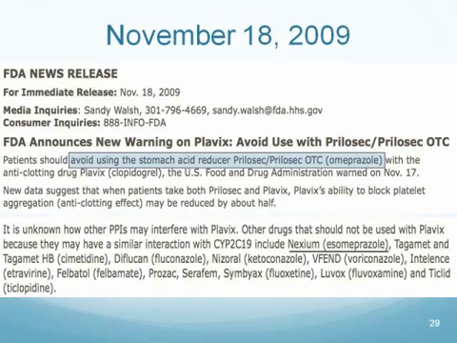They made the point that other drugs should not be used with Plavix if they have a similar interaction with the CYP2C19 enzyme. And they made a point of highlighting esomeprazole, cimetidine, and then a number of other agents that are known to affect the CYP2C19 enzyme.